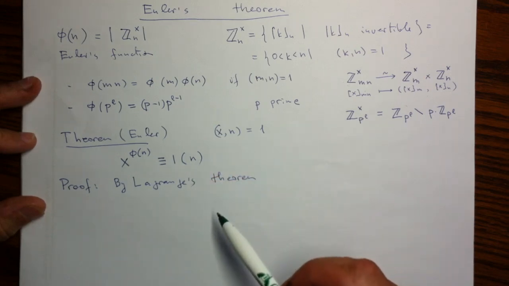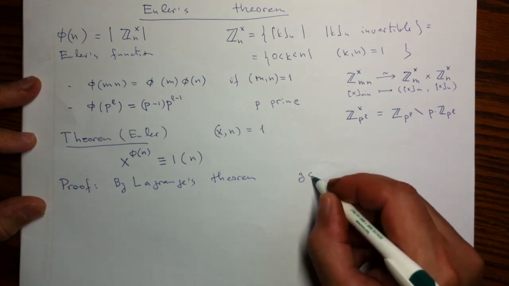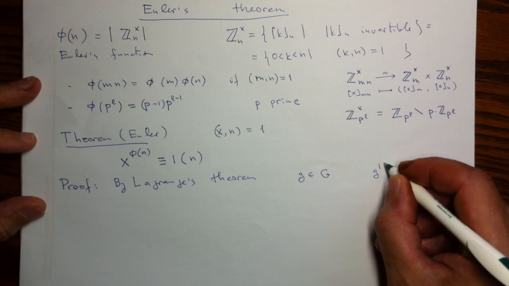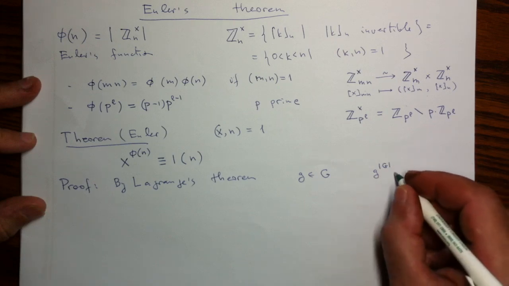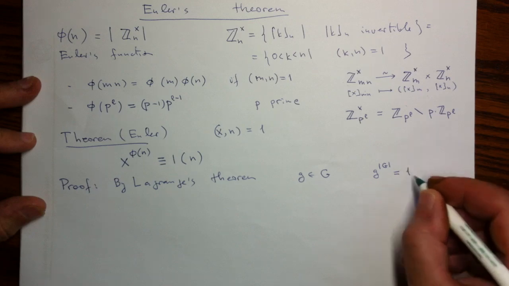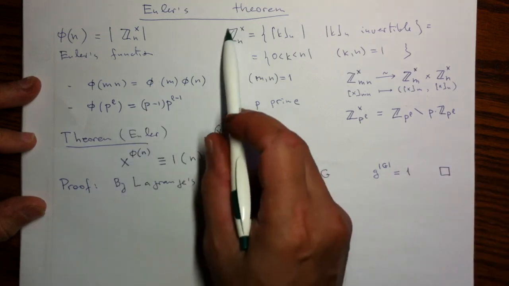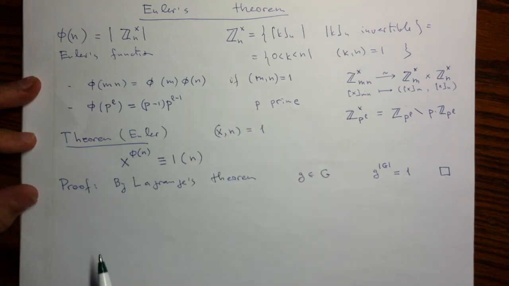It says that if we take a group element in any finite group, then the power of this element, the power which is the order of the group, will be the trivial element. So then we just take this group and have this result.